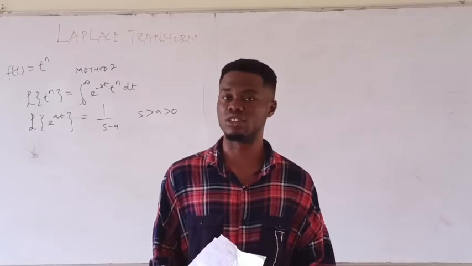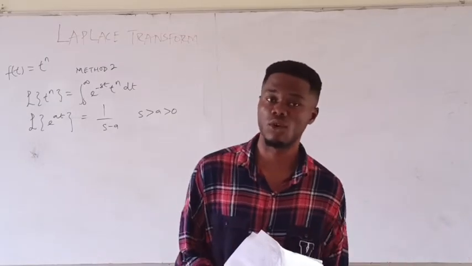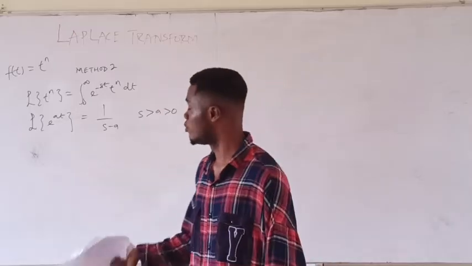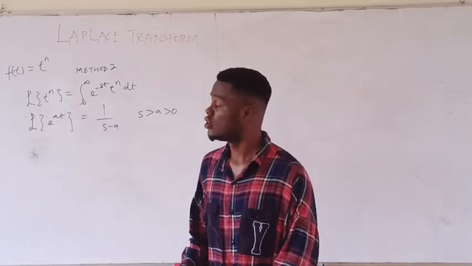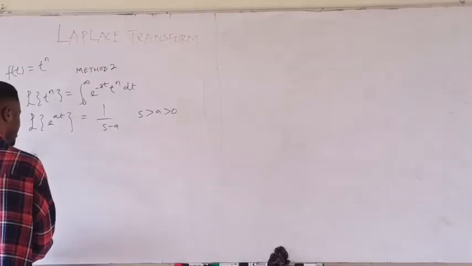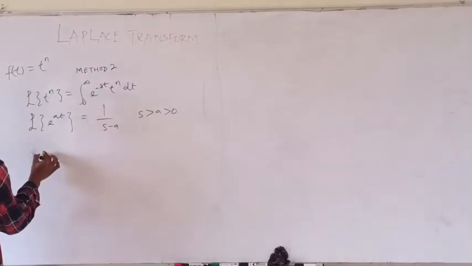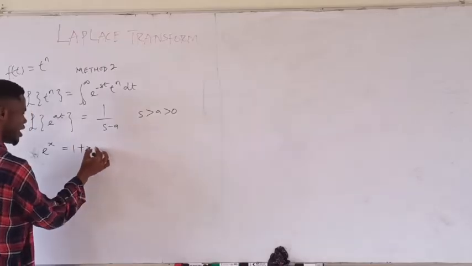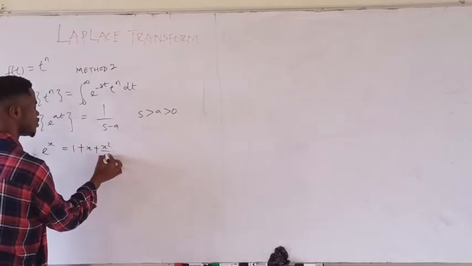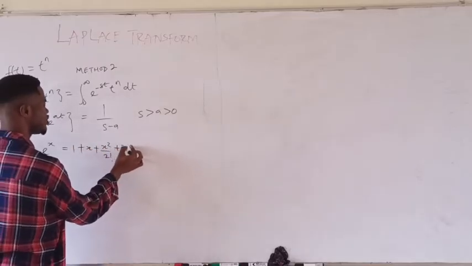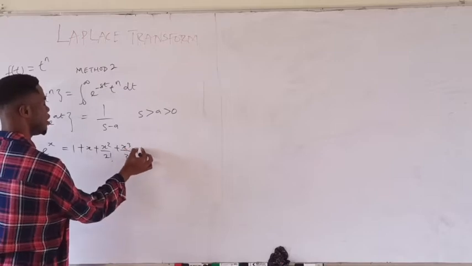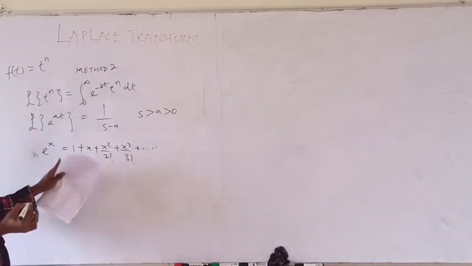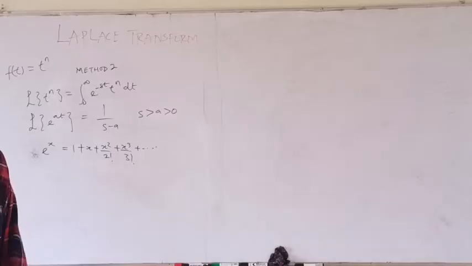I've done a video on the Taylor and Maclaurin series, so you can go and watch it, but this idea was also from there. So from the Taylor and Maclaurin series, we know that the exponential of x is equal to 1 plus x plus x squared over 2 factorial plus x cubed over 3 factorial plus dot dot dot, right? So this is the representation of the exponential of x.